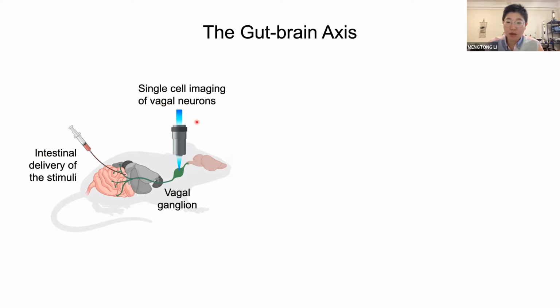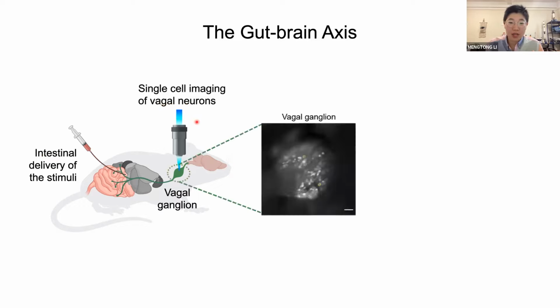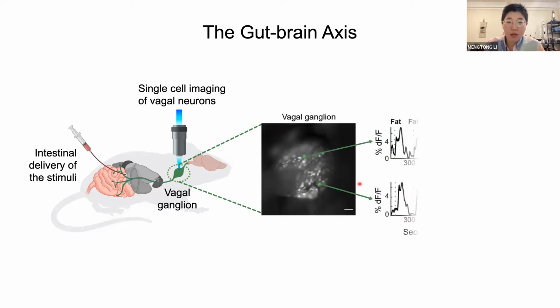We exposed a ventral window into the ganglia, and this picture is a representative field from a vagal imaging session showing the somas of these GCaMP, the calcium indicator, expressing neurons. The two fat-evoked vagal neurons are highlighted as examples.